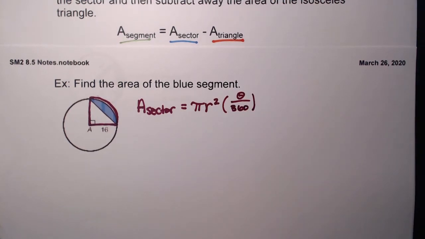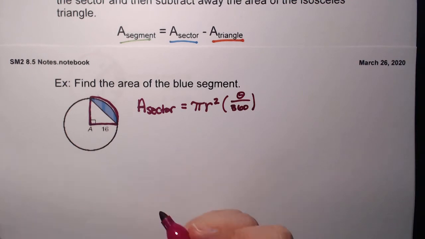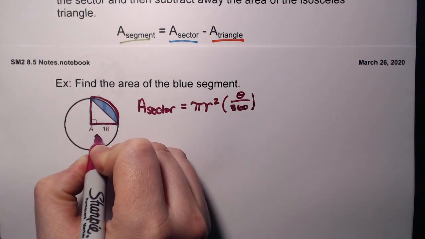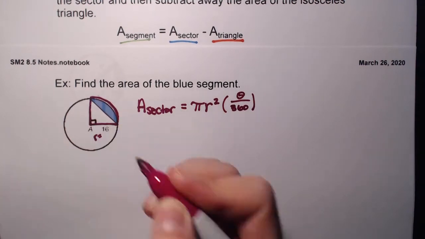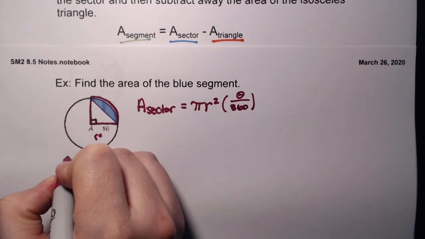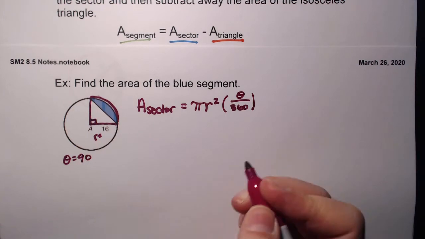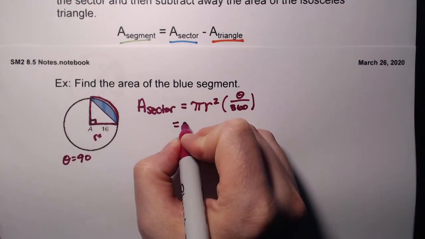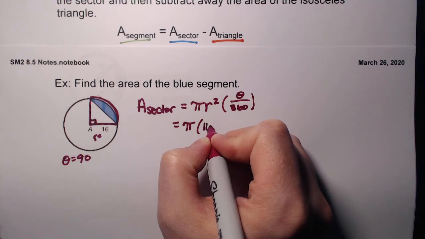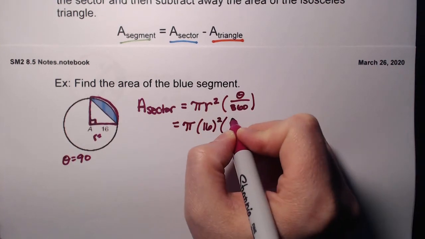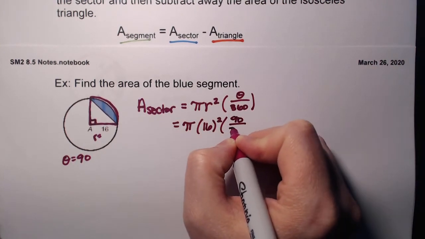That's our percentage. So in this case, the radius is 16 and theta is 90 degrees. So the area of our sector is going to be pi times 16 squared times 90 over 360.